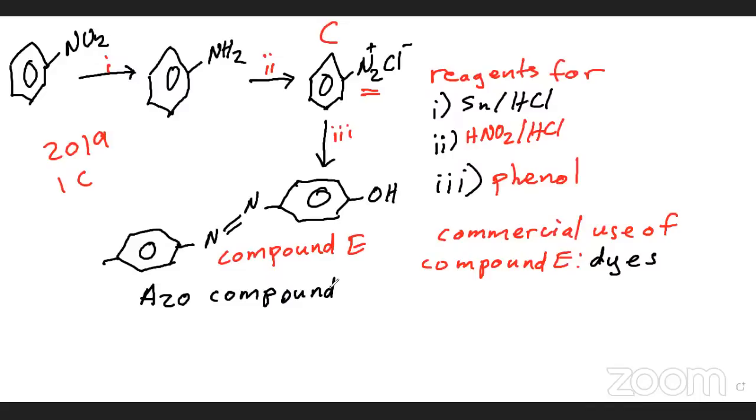All right, so just take a picture of the board. Right, so right here, you can put used as dye in the clothing industry. So if you want to specify the industry, that's fine.